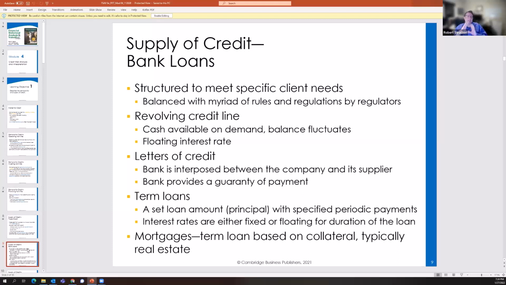It's typically a 7 to 10 year payment term with a balloon payment at the end, the idea being that you're going to refinance at the end of that term. You have mortgages for other things too. Typically it's real estate, but there are other collateralized big-ticket purchases in the business world.